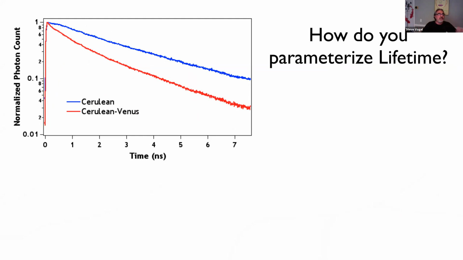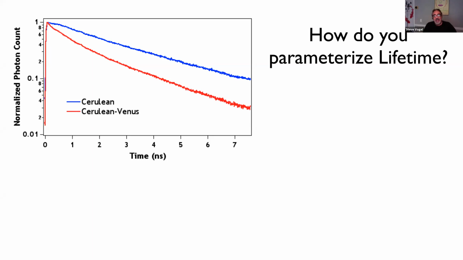Okay, so now that you've measured a lifetime, like in this case, the cerulean alone or the cerulean Venus, what do you do with it? How do you parameterize it, right? So, okay, I measured something, I'm excited, but how do I call up my friends and tell them this is what I found, other than just saying, well, it's going down with time, right? You need a way to parameterize it.